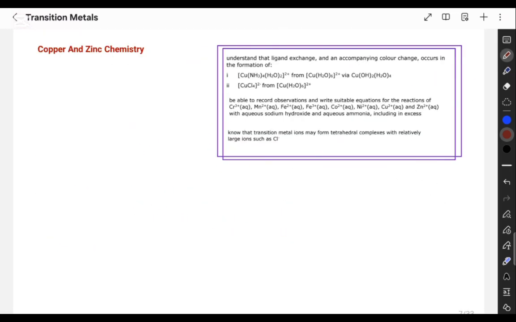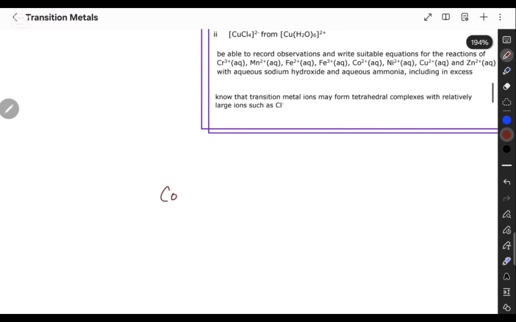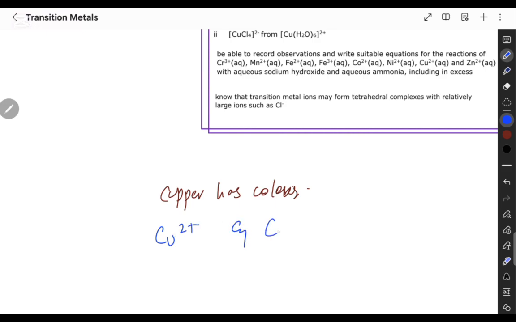Now copper has color. The ions that copper forms are copper 2+ and copper+.